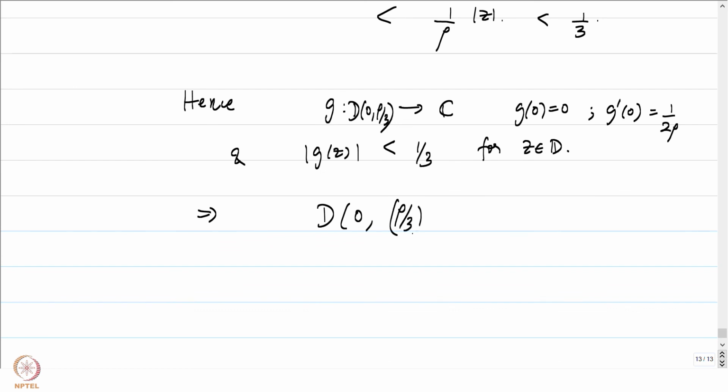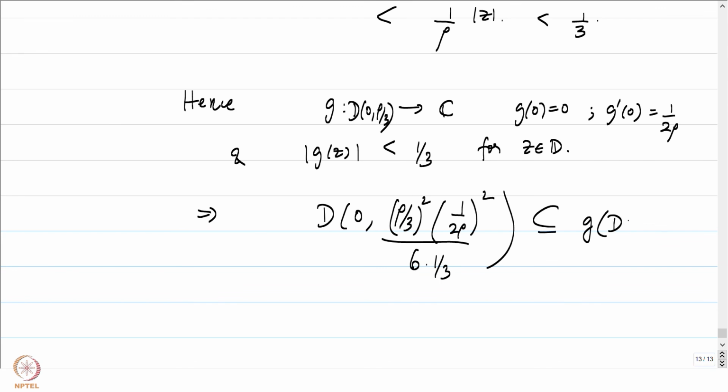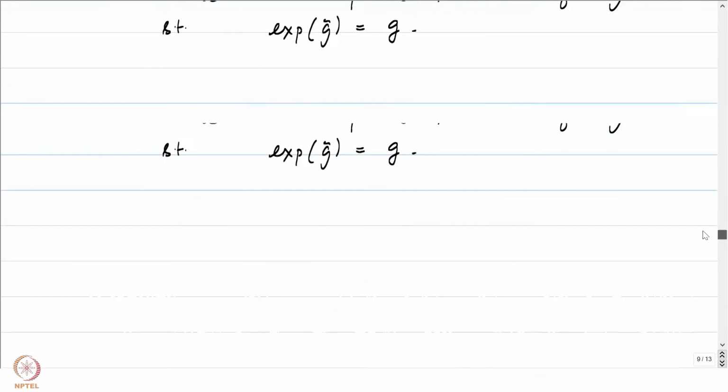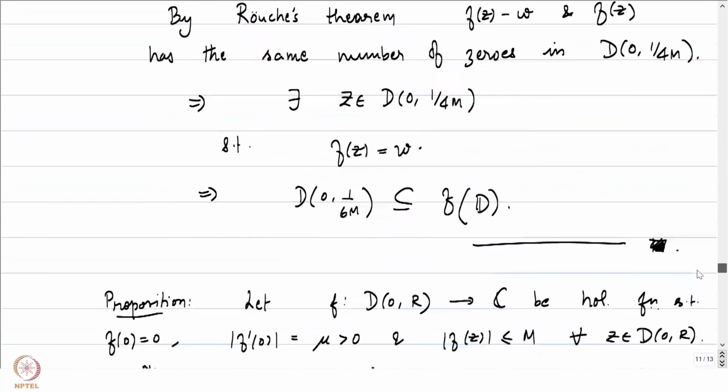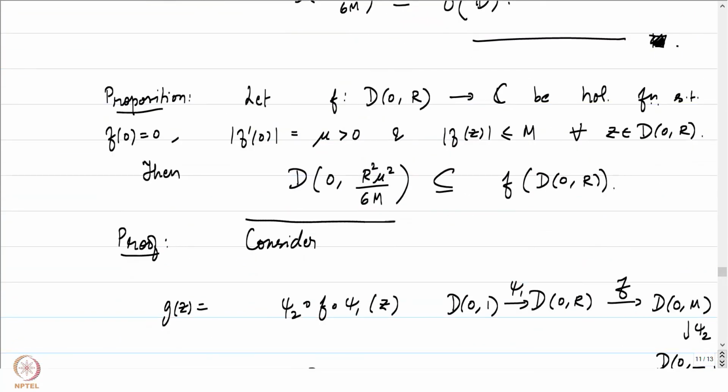Rho by 3 the whole square. r square mu square, where mu square is 1 by 2 rho the whole square, by 6 times 1 by 3. This is precisely what we are interested in. This is contained in g of D0 rho by 3. Let's just go back and see what was the conclusion previously made. The conclusion was that D0 r square mu square by 6m is contained in f of D0 r.